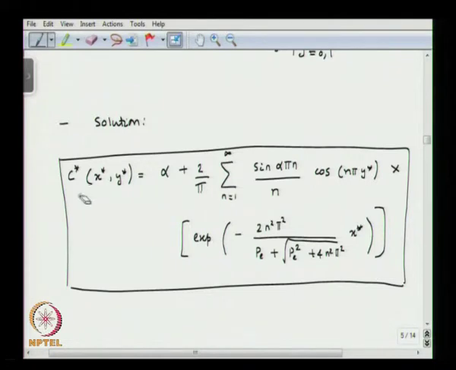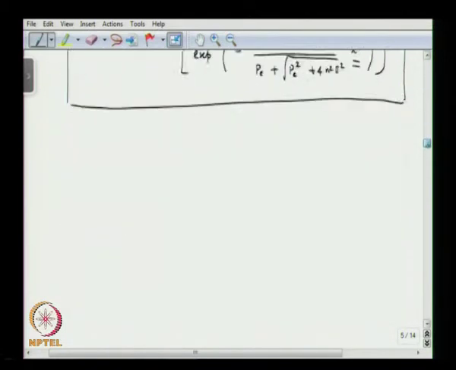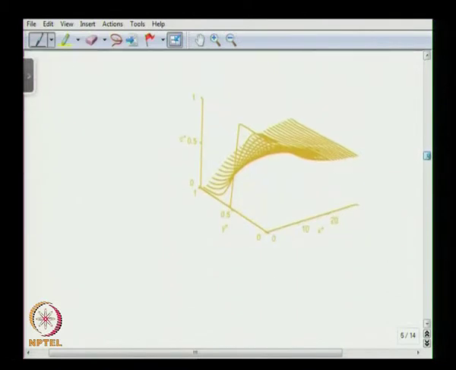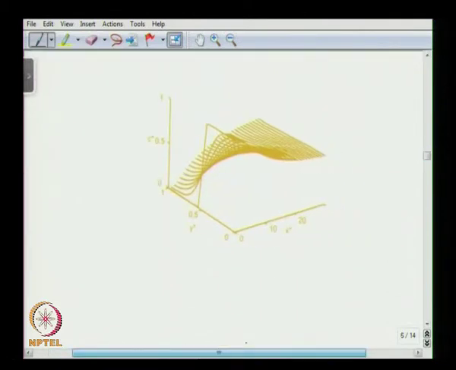Now, if you plot C star with x star and y star, this is what we would get. So, let us say if this is the channel, y star is in this direction and x star is in this direction.